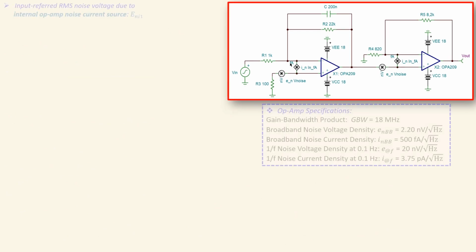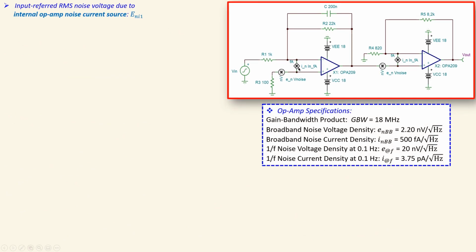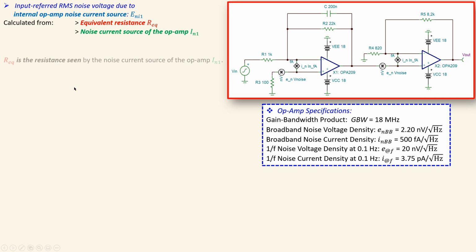The next one is the noise current source for the input stage, looking at the input. This is calculated using the equivalent resistance seen by the source and the noise current source in RMS value, so I sub N1 and the equivalent resistance.